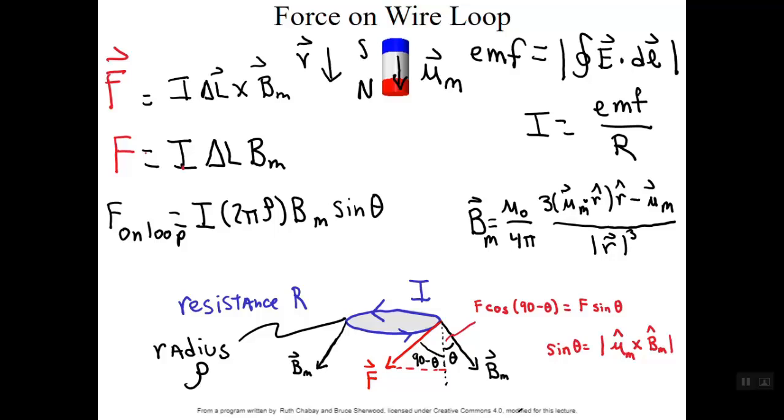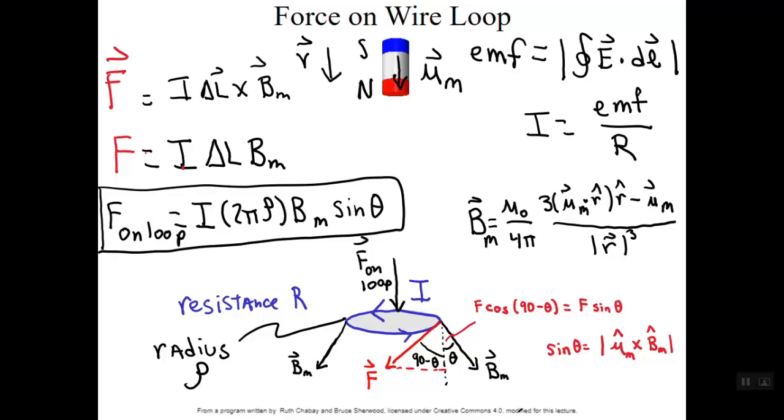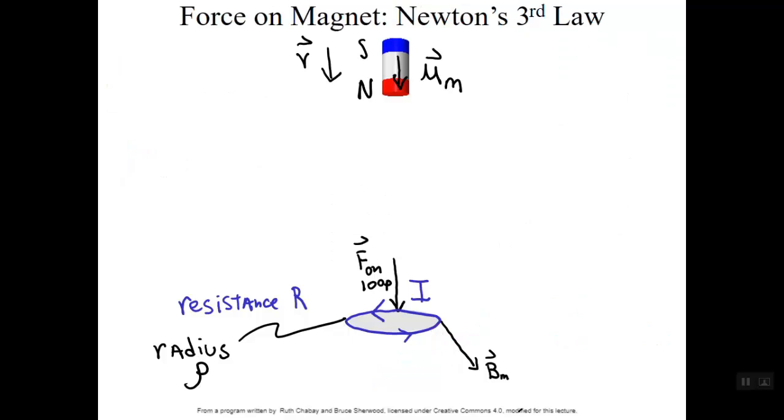We end up with this result, which means all we need to do is compute B sub m at one location on the loop, compute sine theta, and plug these in to find the total force on the entire loop. Note that all the y components point downward, so the total force on the loop, vector F on loop, points downward.